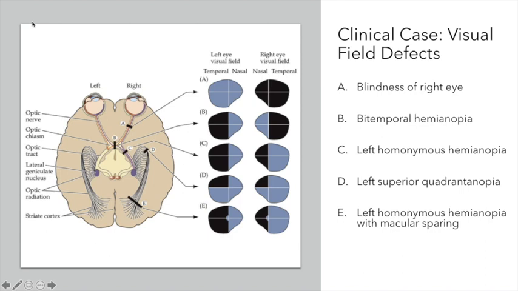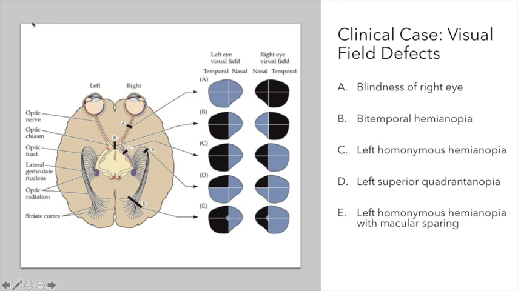Case D is called left superior quadrantinopia, and this is when there's damage to the right superior optic radiation. So there's a loss of vision in the left superior quadrants of both eyes. And then finally, case E is called left homonymous hemianopia with macular sparing.